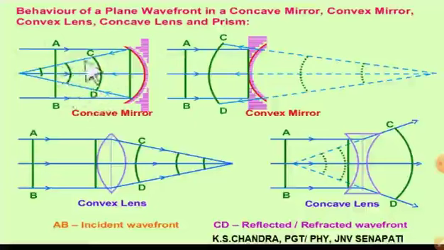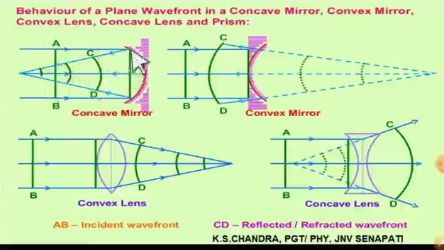How is it so? Let's see. The incident wavefront is plane, so it vibrates in the same phase of vibration. If you join all those points of the same phase, it will be a plane.